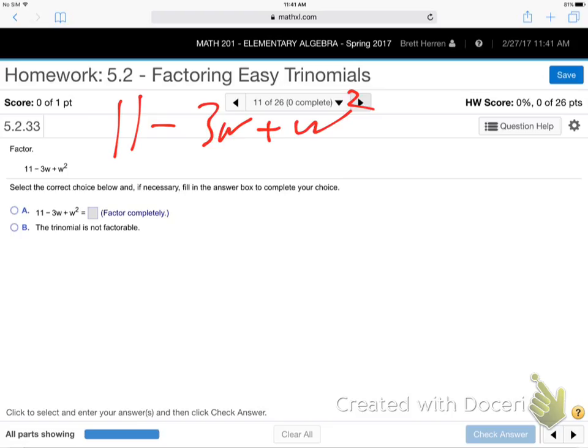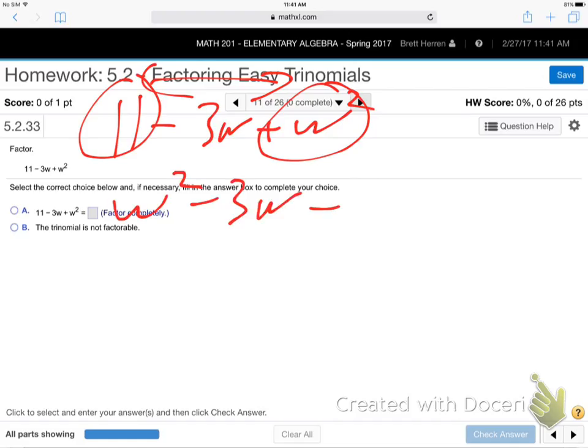What's wrong? Yeah, because the negative is with the 3w. So reorganize. Now remember, when you move things around, you take the sign in front of them. So these guys have to switch, don't they? So w squared minus 3w plus 11. Is that good?